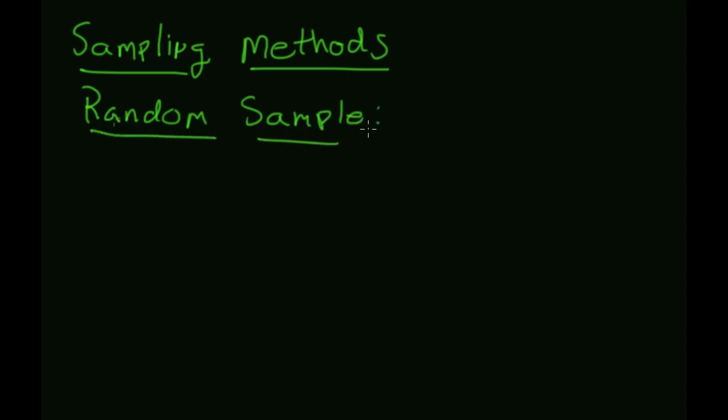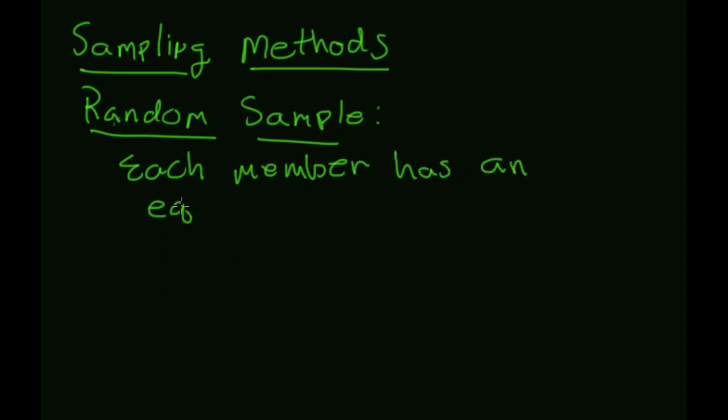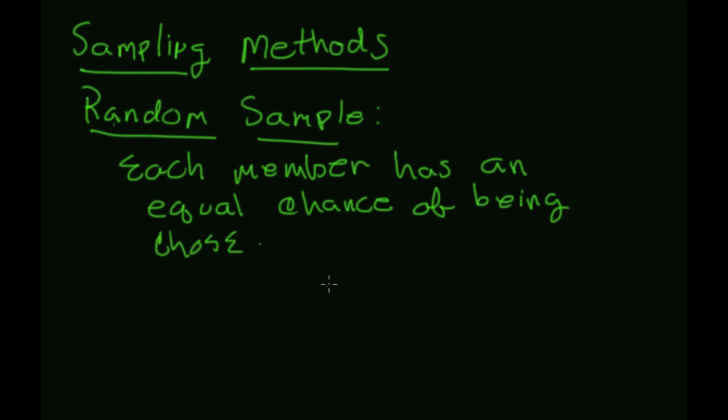And in a random sample, each person in a population, so each member of the population, has an equal chance of being chosen. Okay, so this is a bit tricky.